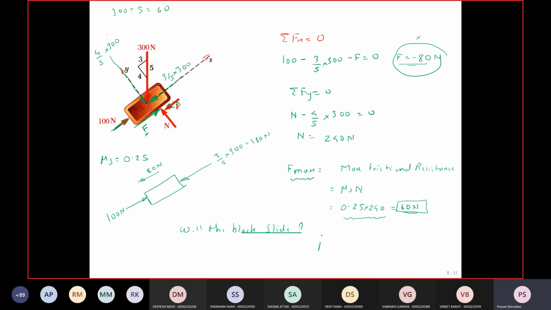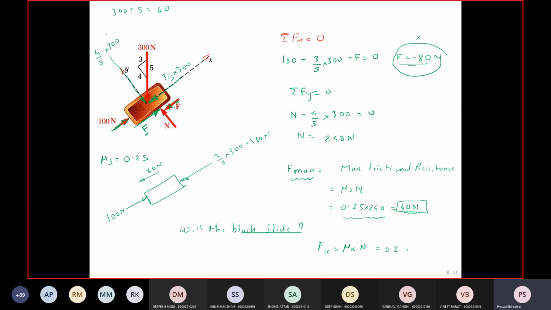So how do we calculate the frictional force now in this case? Fk is equal to mu k into N. What is the coefficient of kinetic friction? That is 0.2.